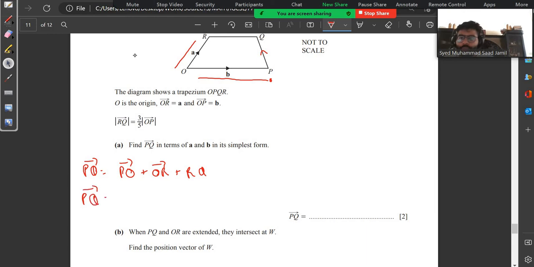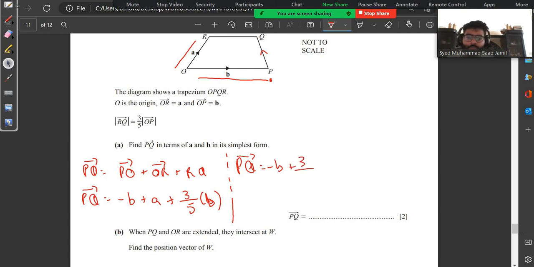PQ is equal to PO, which is minus B, plus OR, which is A, plus RQ, which is 3 upon 5 times OP, and the value of OP is B. So PQ is equal to minus B plus 3 upon 5 B plus A.